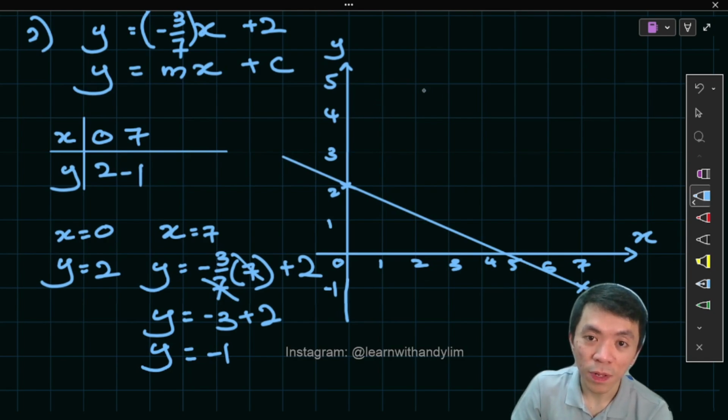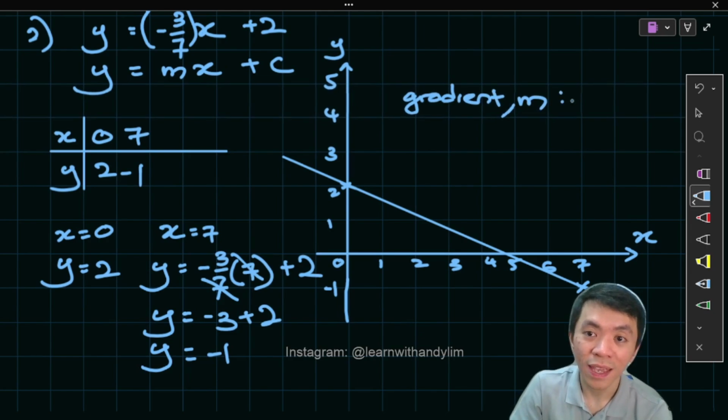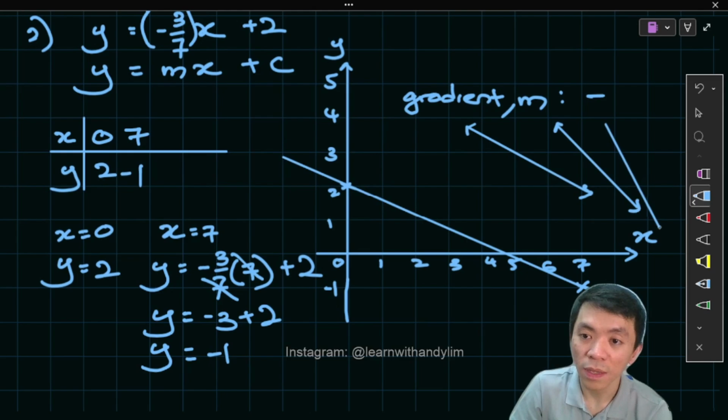So in this example, my gradient, which is given by the symbol m, is negative. When my gradient is negative, the line will extend from the top left to the bottom right, or it can be this way, depending on the gradient.